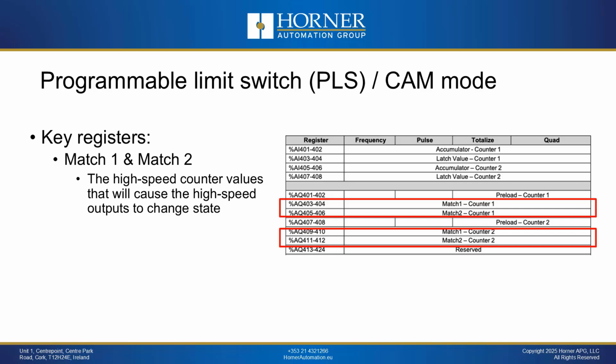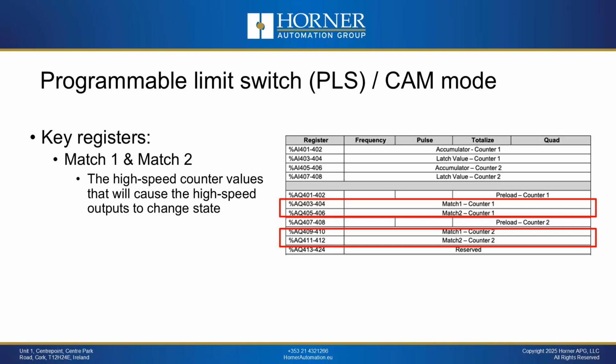If you have got one location you care about, then maybe you should use match 1. If you have got two that you care about, you can use match 1 and 2. If there are more than that, there are ways to manipulate those two registers so that you can have multiple locations, turning them on and off as long as things are not happening too fast.